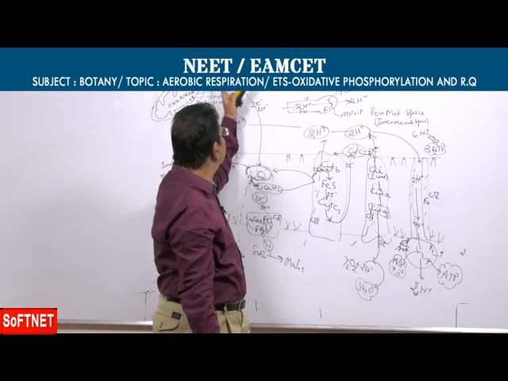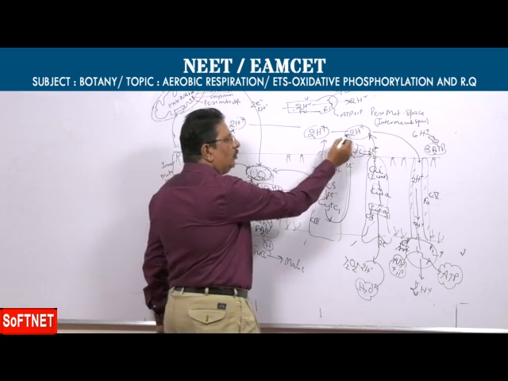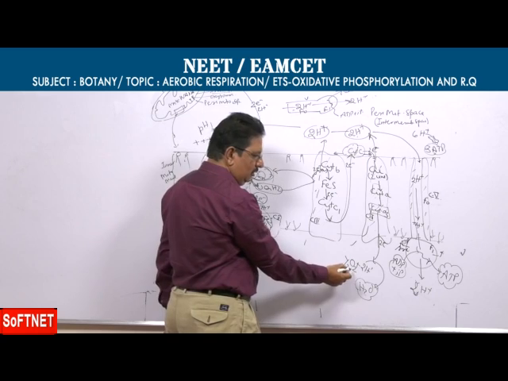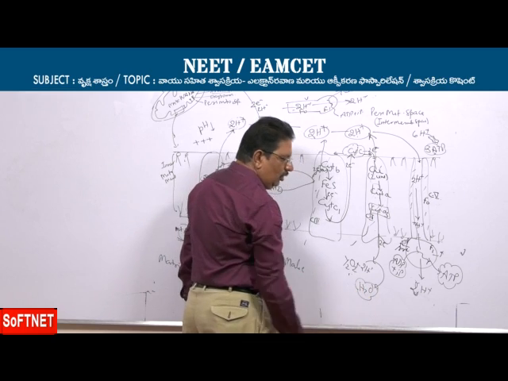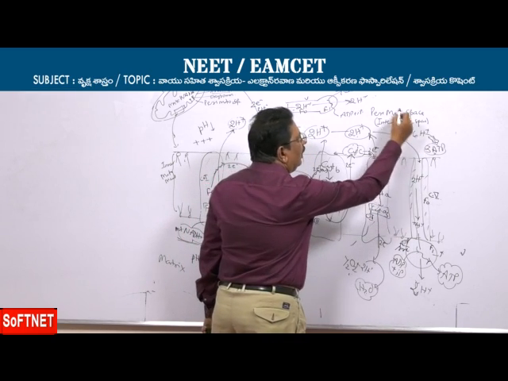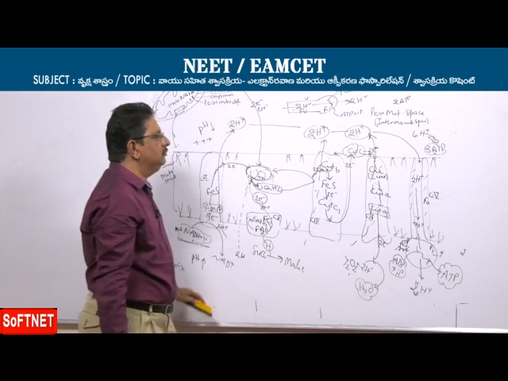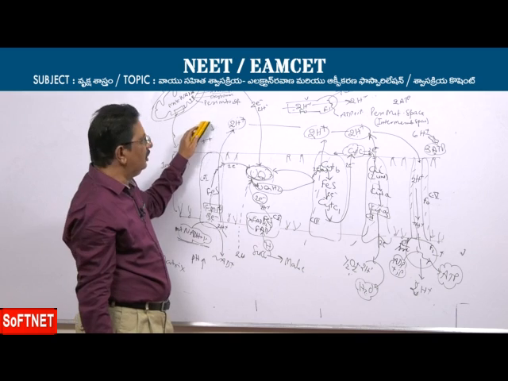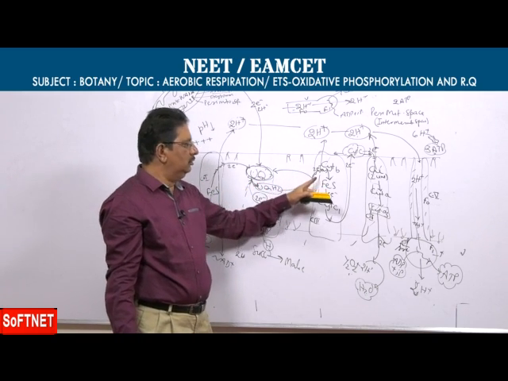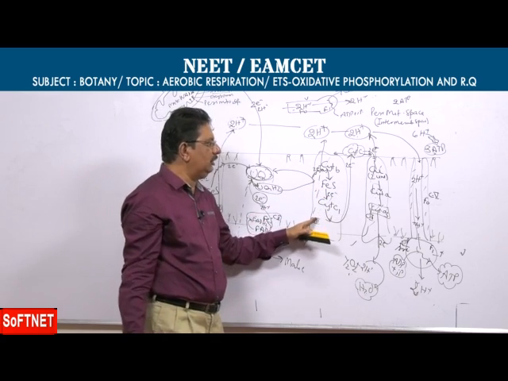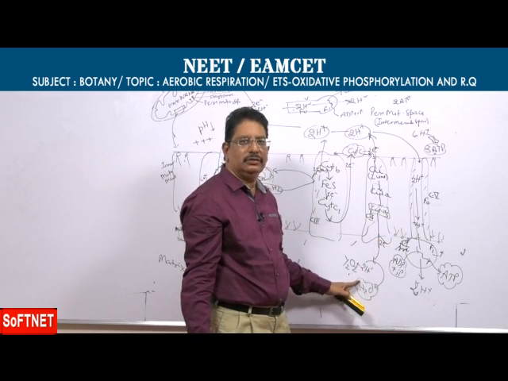So, with the completion of cytosol NADH oxidation, again 4 protons are accumulated, 1 oxygen atom is utilized, 1 water molecule is formed and 2 ATP are synthesized. So, cytosol NADH oxidation starts from ubiquinone, follows complex 3, cytochrome C, complex 4 and oxygen.